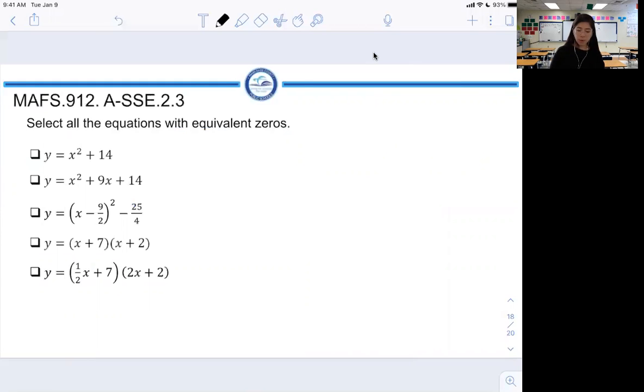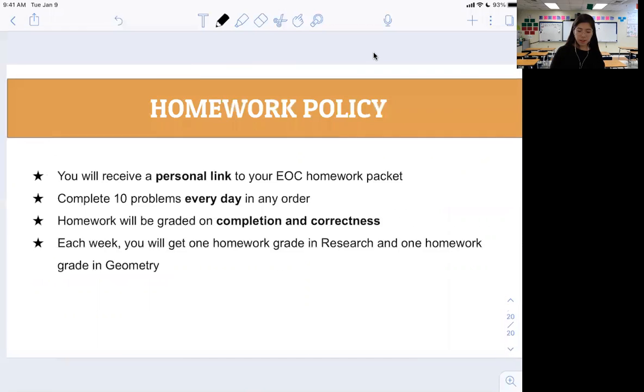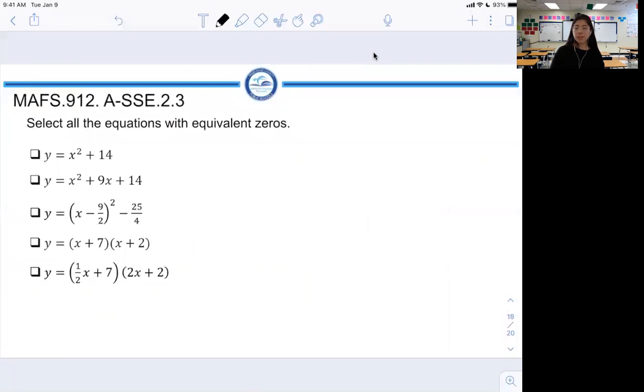There's kind of a lot to do here, so let's pick the ones where you can easily figure out the solutions. Which of these answer choices can I very quickly figure out the solutions for?